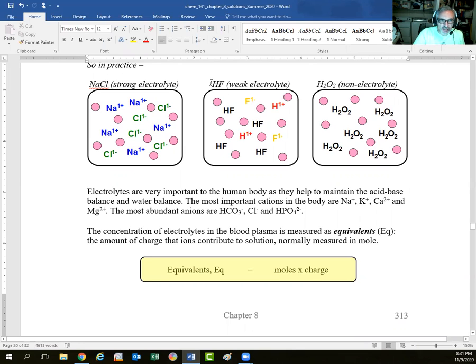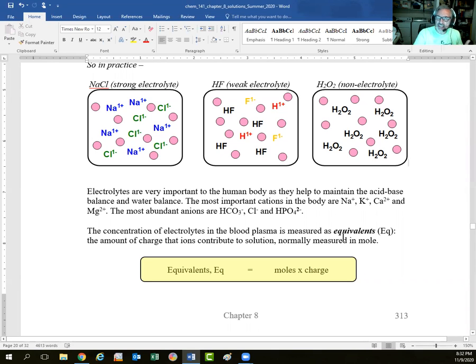A weak electrolyte like hydrogen fluoride, some of the molecules dissociate into hydrogen ions and fluoride ions, but the majority of them stay together, bonded, as hydrogen fluoride. And then non-electrolytes like hydrogen peroxide, all the molecules retain their integrity. Nobody is dissociating into individual ions.